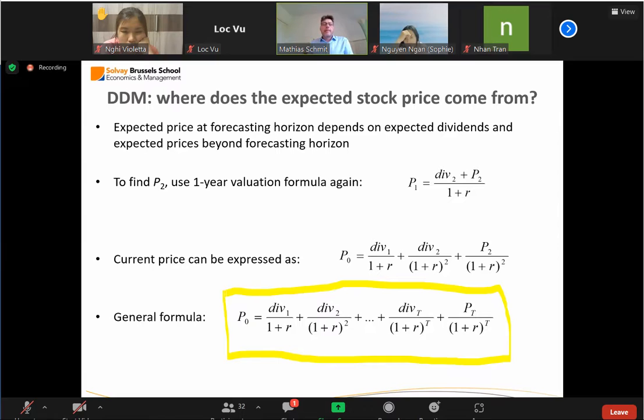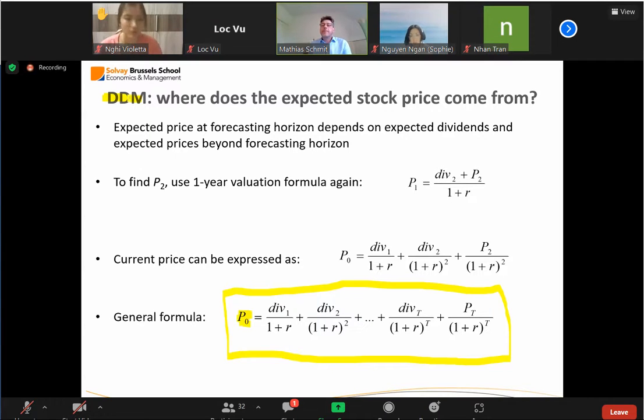I repeat, the price is in fact the discounted value of all the future dividends. And this way to estimate the value of equity of a share, here is what we name the dividend discounted model. Okay. The dividend discounted model.